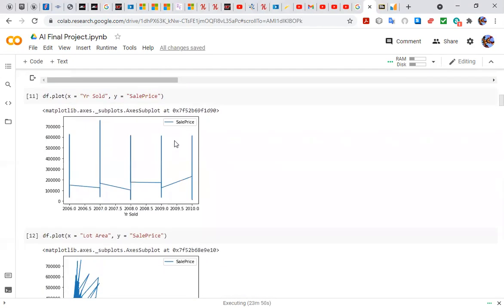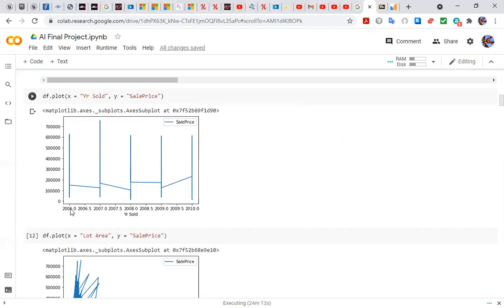So down here, we have the different years that were sold and the price that they were sold at. I took the data frame and plotted the year that it was sold on the x-axis, and on the y-axis, I plotted the sale price. So the sale price is here.